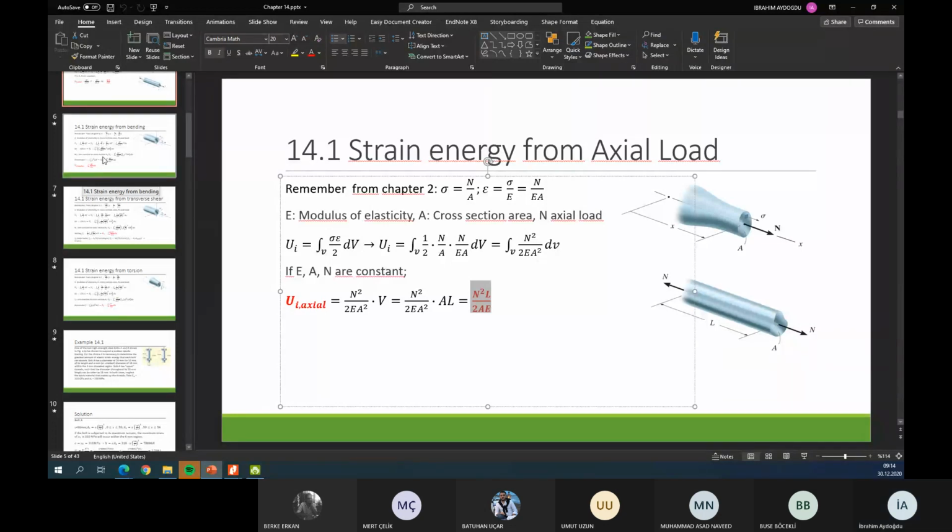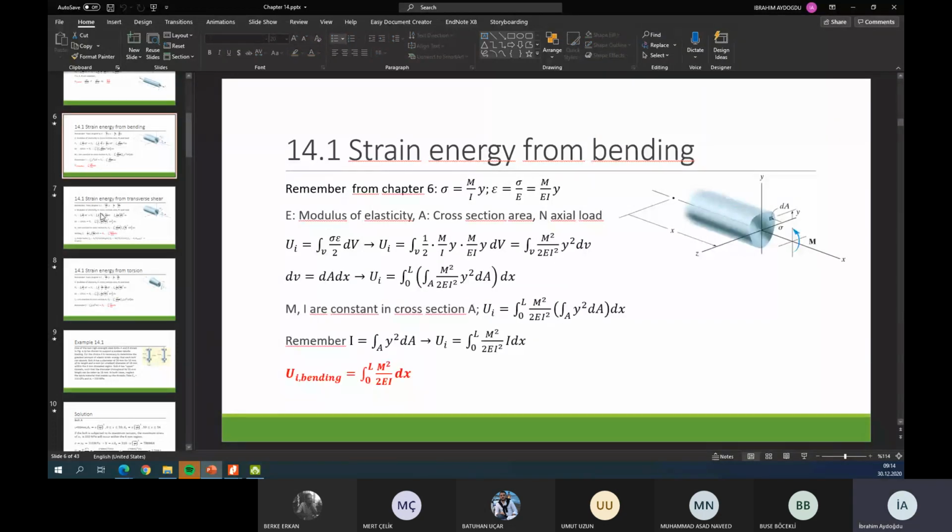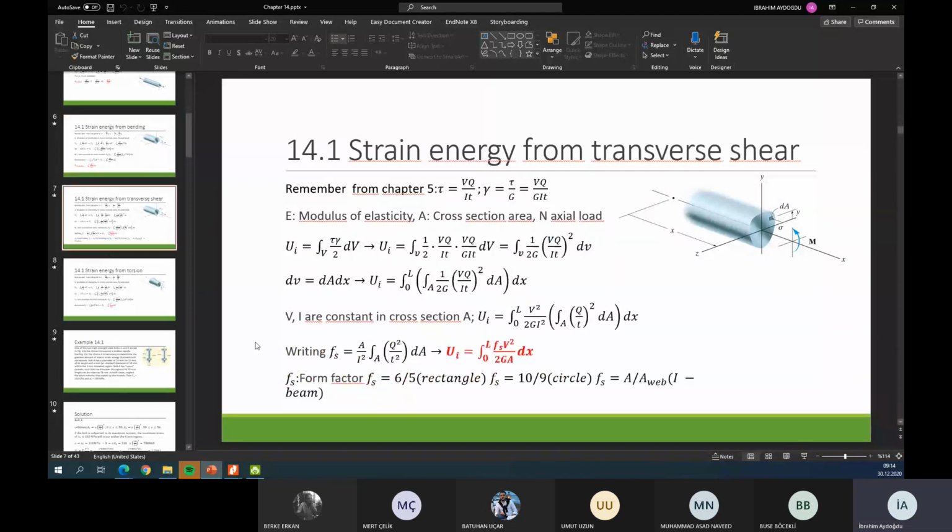For example, if we have both bending and shear, we can compute bending energy and transverse shear energy, and we can sum these two terms. Okay, do you have any problem? As a result, look at the formulation and apply the result. Just that, okay?